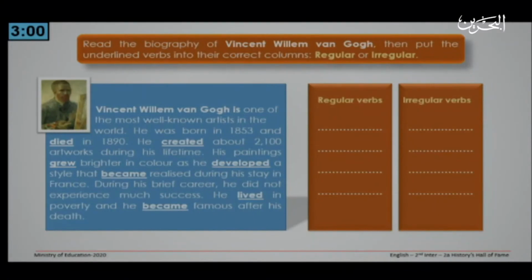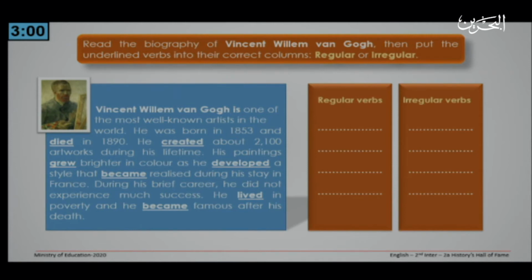Vincent Willem van Gogh is one of the most well-known artists in the world. He was born in 1853 and died in 1890. He created about 2001 artworks during his lifetime.